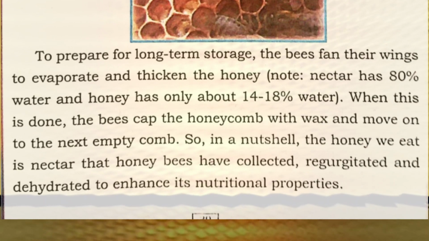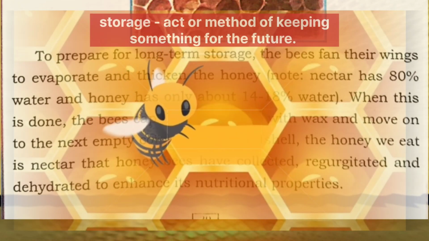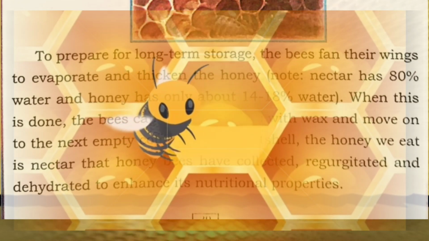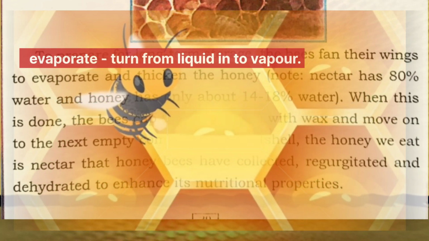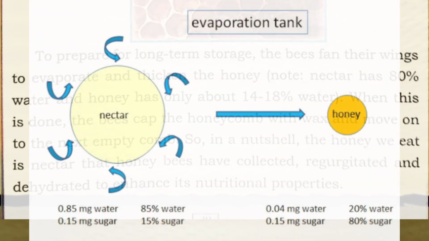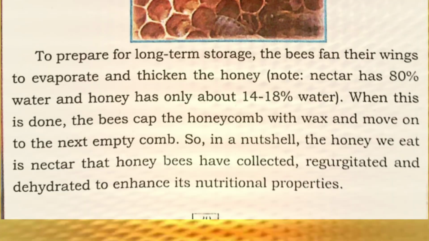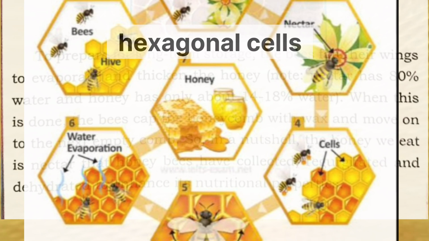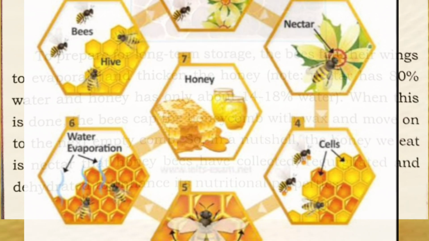To prepare the long-term storage, the bees fan their wings to evaporate and thicken the honey. Note: nectar has 80% water and honey has only about 14–18% water.